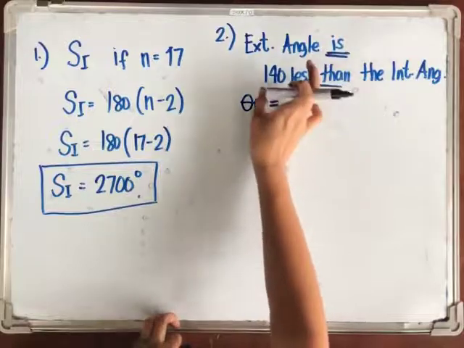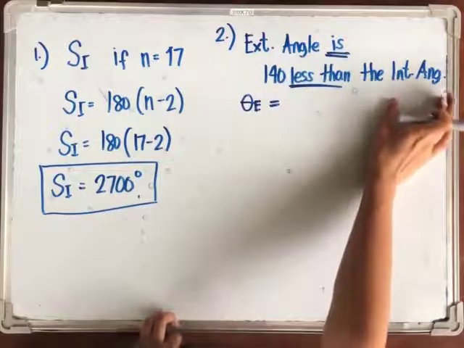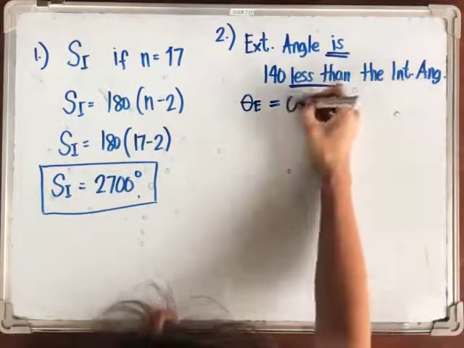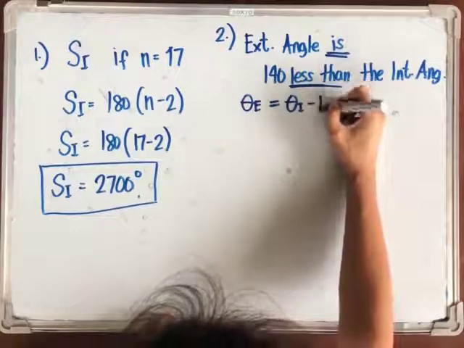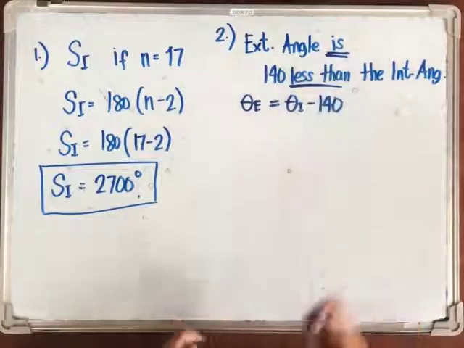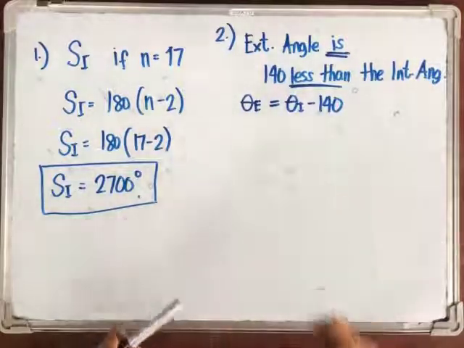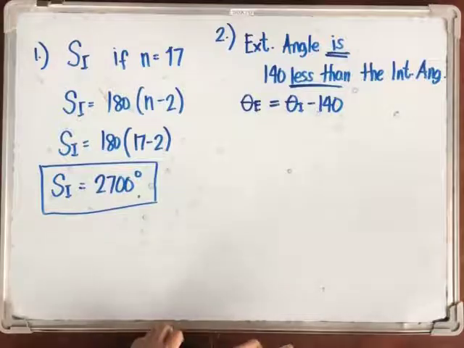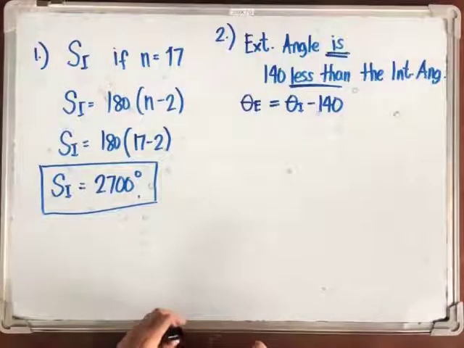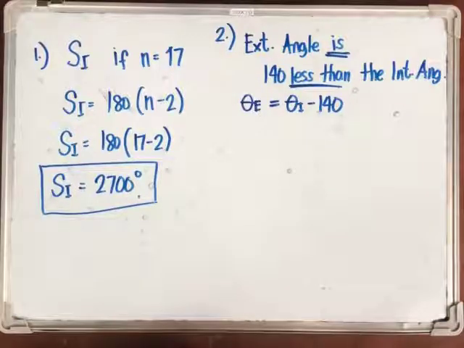Minus. Pero, ang minus na yan would come after this interior angle. So, what I'm trying to say is, that would be theta sub I minus 140. Okay? And not the reverse. So, I hope nagigets nyo yun. So, yun daw yung gusto niya malaman ngayon. Ang tanong niya is, ano daw yung n or the number of sides?